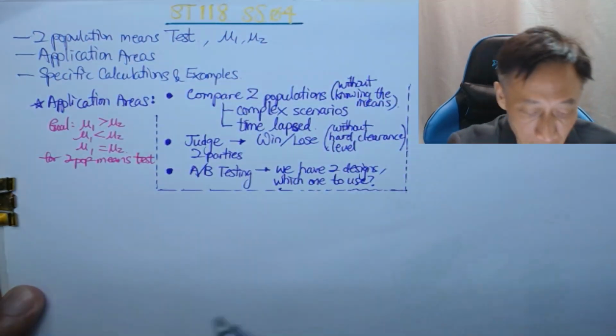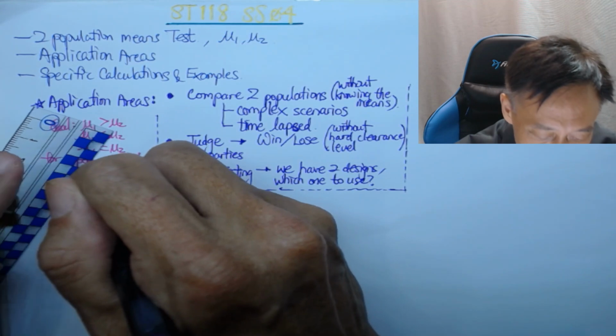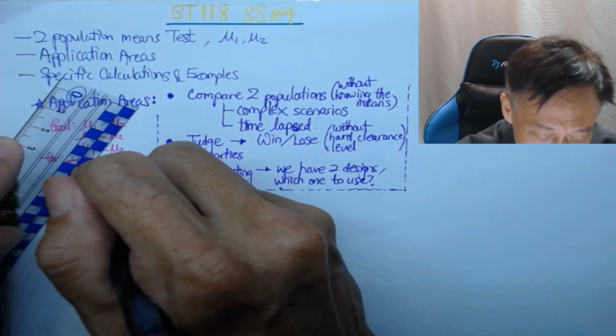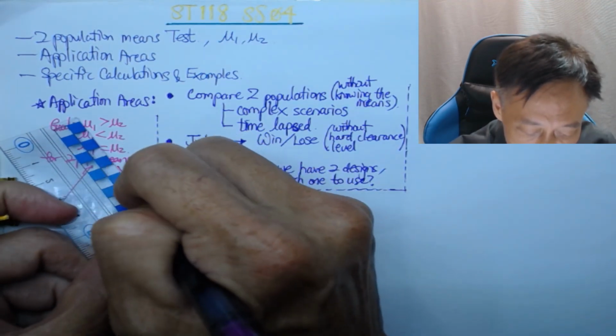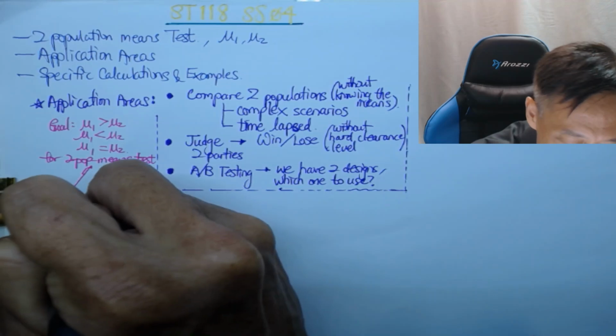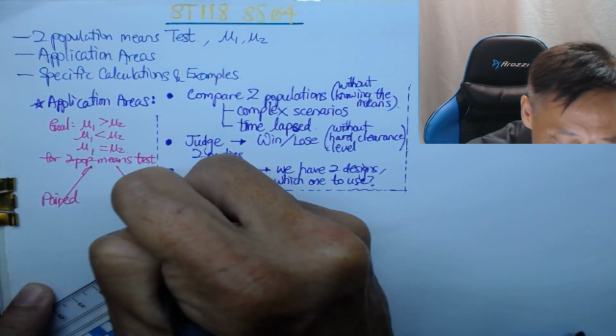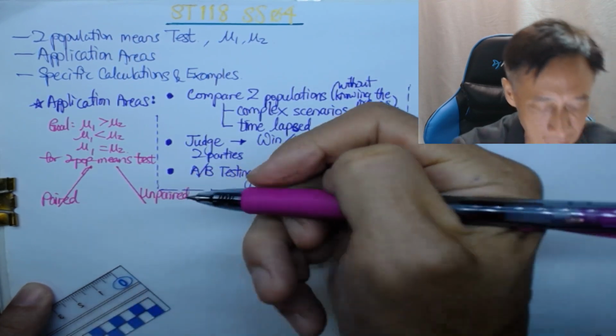Okay. So under this, we have what is called a paired test and unpaired test. So you decide. You first have to decide, right?